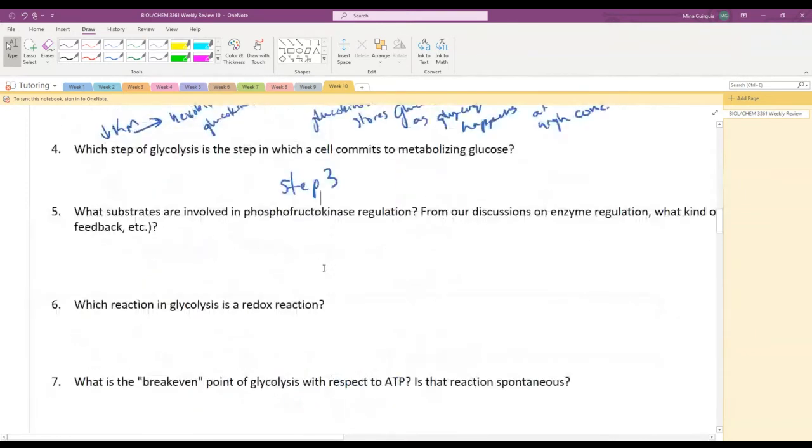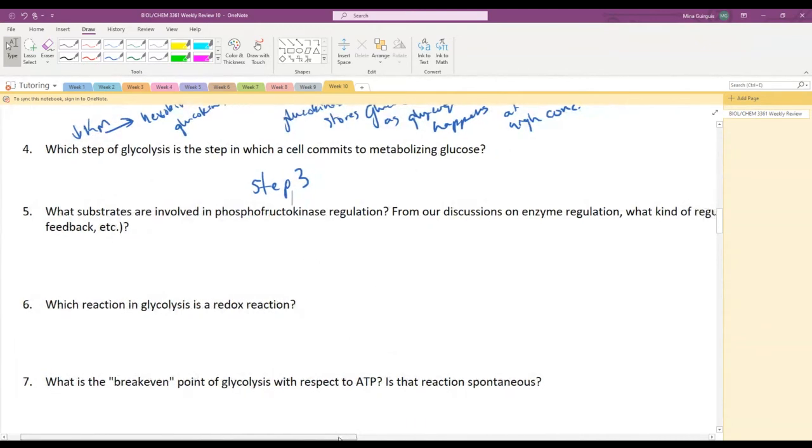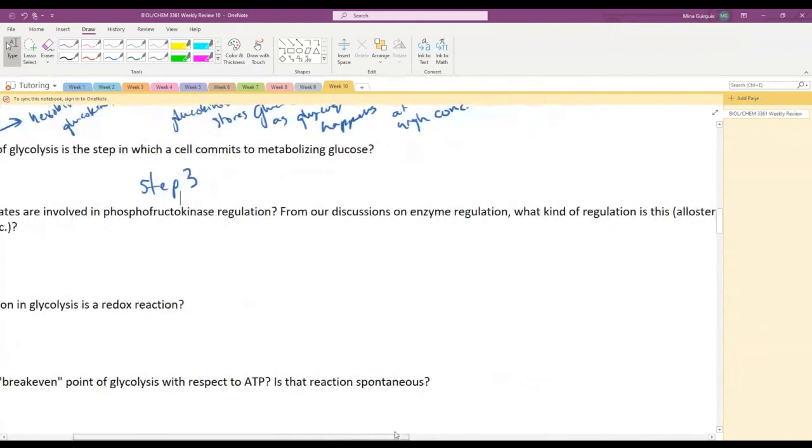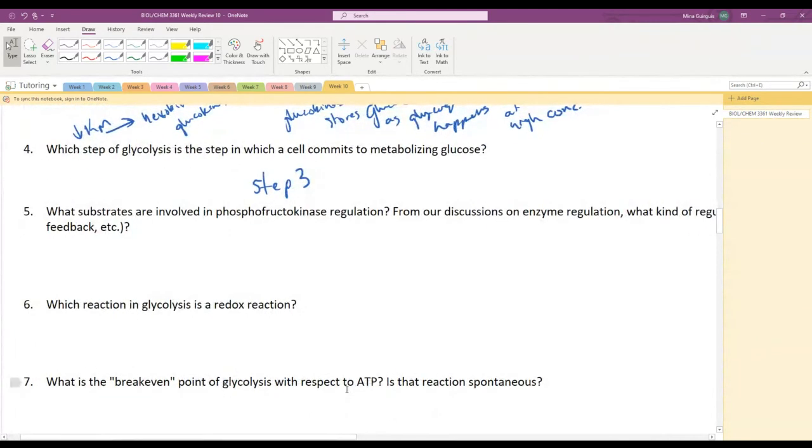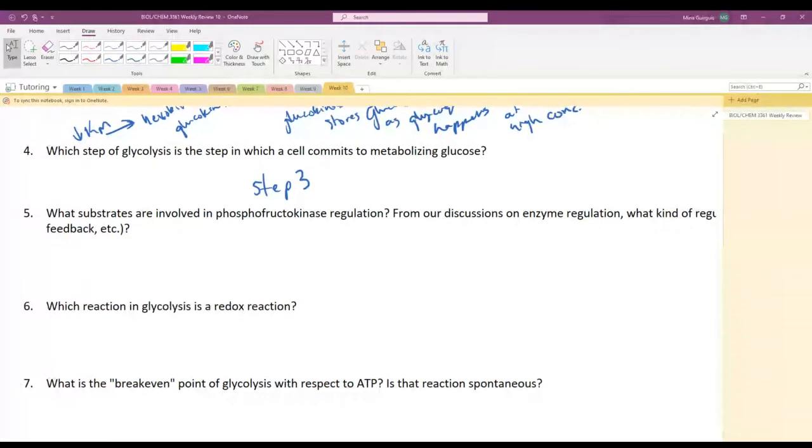Okay, that's step 3. What substrates are involved in phosphofructokinase regulation? And thinking back to enzyme regulation, what kinds of regulation are these? Phosphofructokinase, or for convenience, PFK, is one of the most regulated enzymes in our metabolic pathway of glucose.